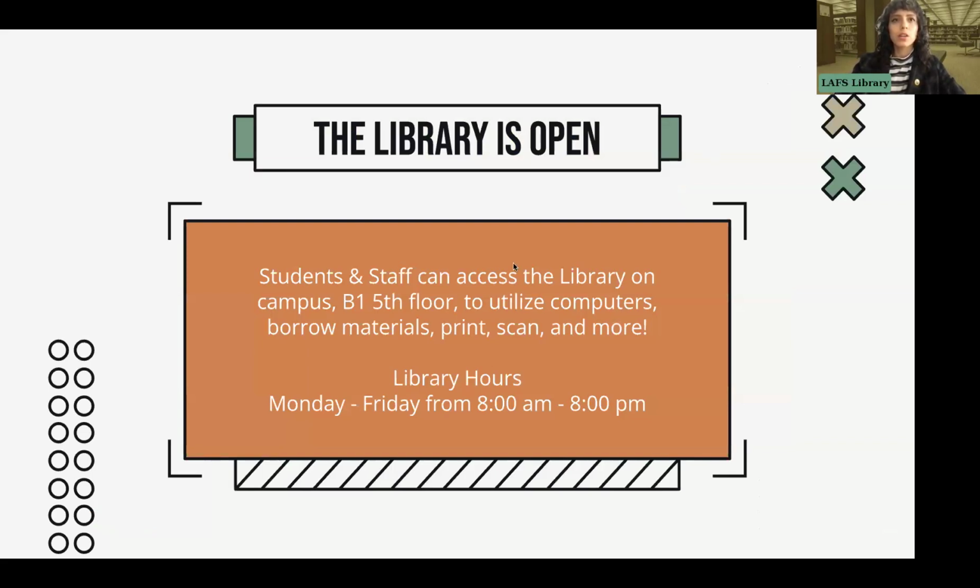For the most part, we're open Monday to Friday from 8 a.m. to 8 p.m. Though depending on upcoming holidays or special events, we may be closed early, so please check our library site for more details on accurate hours. And while you're up here, you may utilize the computers, borrow materials, print and scan, and use the space for study. We'll go over some more details on some of the services that we provide and what you can use or not use up here at the library.